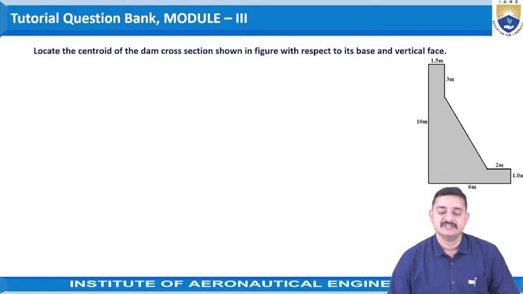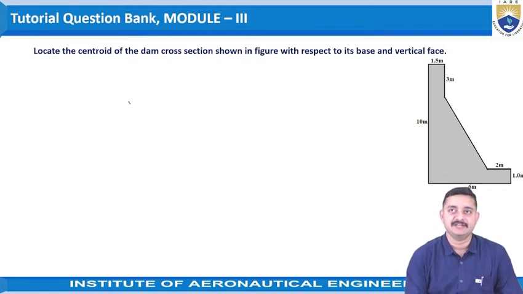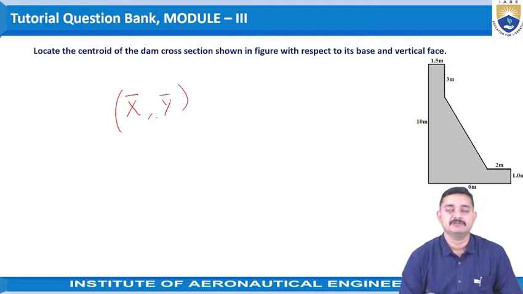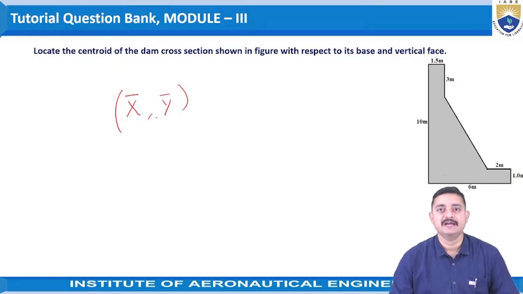So the distance of this centroid from the reference x-axis or reference y-axis will be treated as the coordinates of the centroid. Then that gives the solution. So we will be identifying the centroid in the form of x bar and y bar. So this point which we are going to identify will become our centroid.